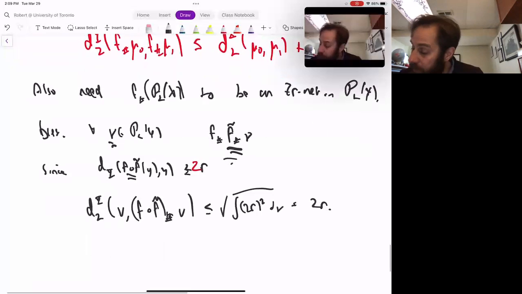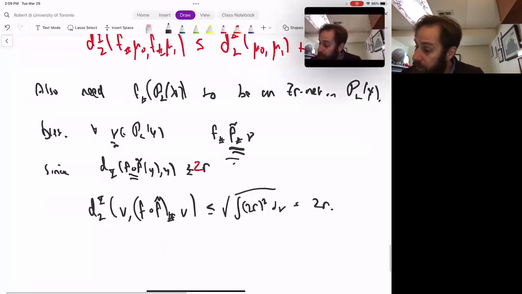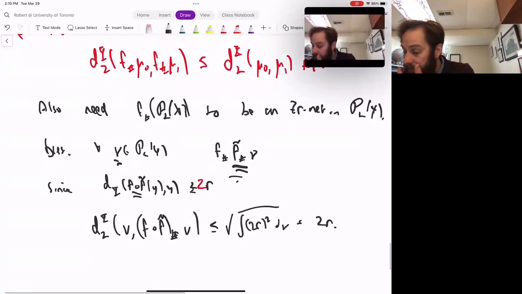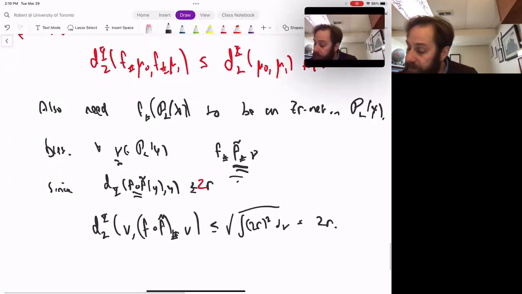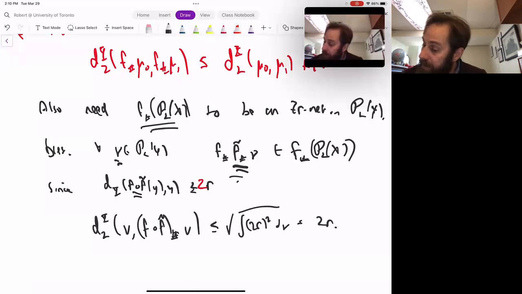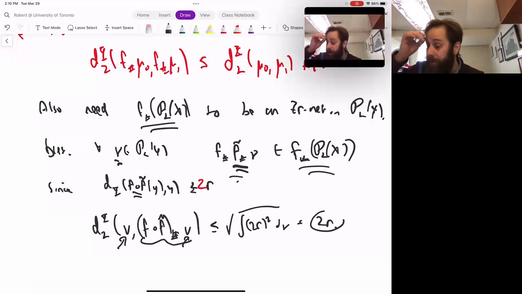And of course this guy here is in the image under F of the probability measures on X. And so given any nu, I can find a guy in this set that's distance no bigger than 2R from it.